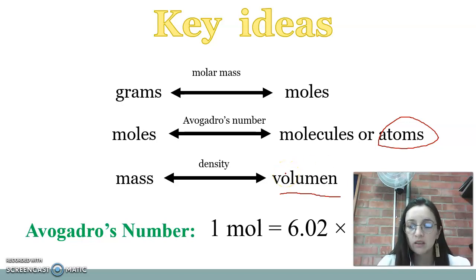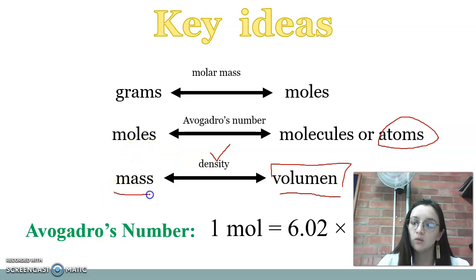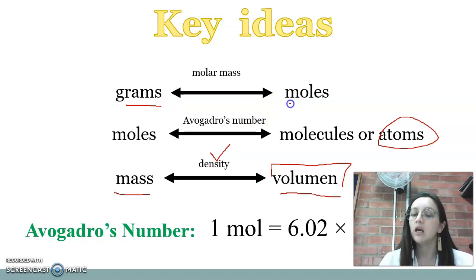The first one that I can do is, if I have volume and I was given the density, I can convert it into mass, which is grams. Once I have mass, I can look for another conversion. For example, if I have the grams of my compound, I can change it into moles using the molar mass. And I can calculate the molar mass because I was given the formula of the compound.